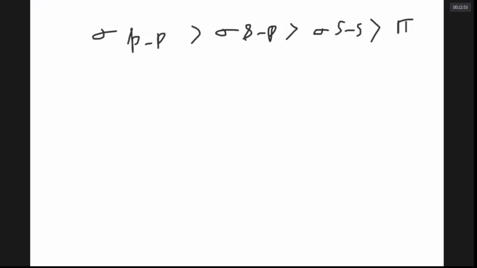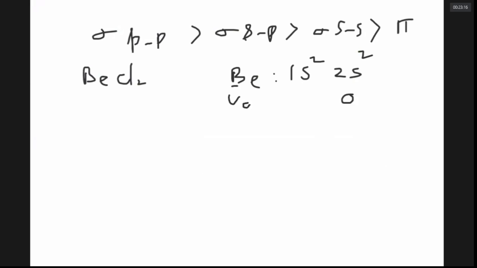This valence bond theory has some defects. Let us look at the case of BeCl2. Beryllium has an electronic configuration of 1s2, 2s2. How many bonds is beryllium supposed to form? Zero bonds. Why is beryllium valency expected to be 0?